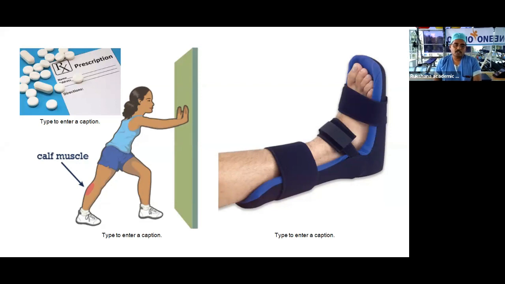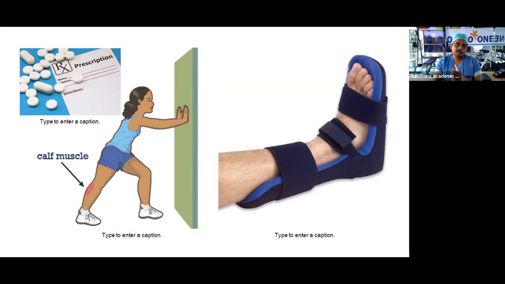And anyway, our physios are going to explain to you the different exercise modalities and different types of treatments available. The second thing is the night splint. One of the very effective treatments for plantar fasciitis is, as I explained earlier, when we sleep or when we sit in the office, our foot drops down, thereby contracting the foot muscle and the calf muscle.